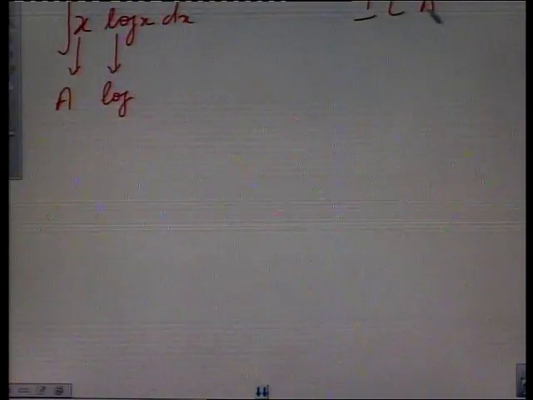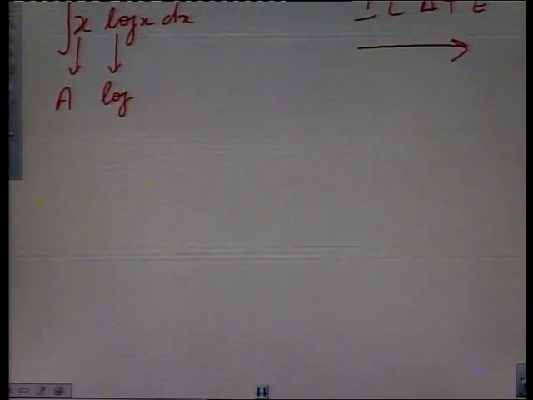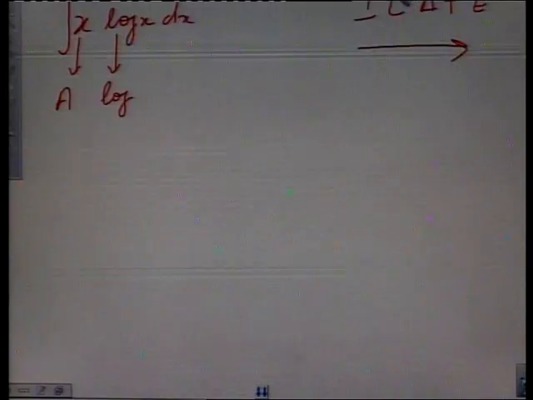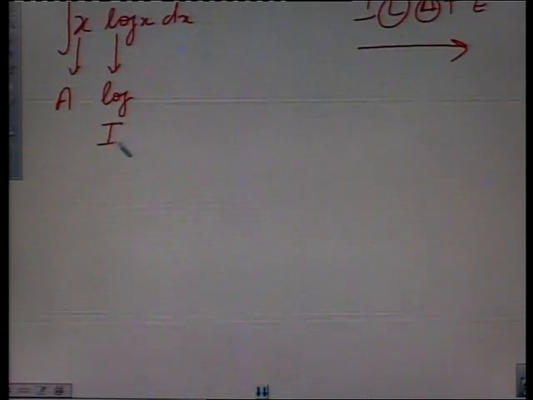ILATE rule tells us we have to move in this direction, and now we can notice that log represents L, which comes first, and A comes second. So, log will become now our first function and this will become our second.